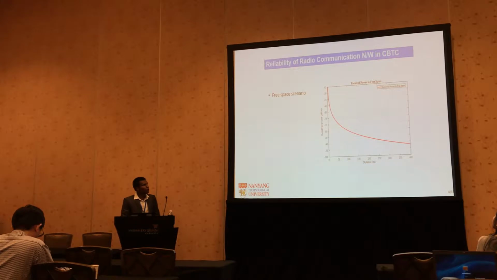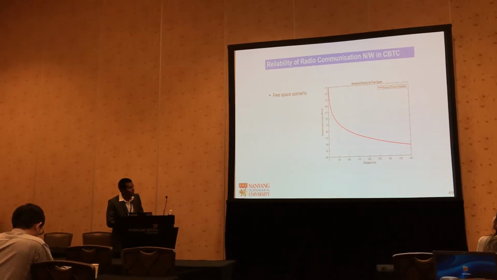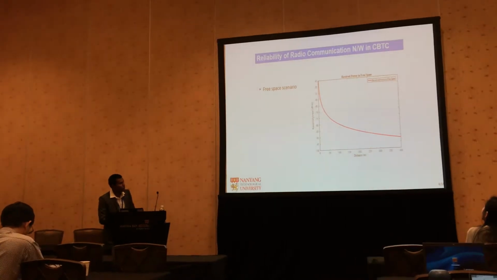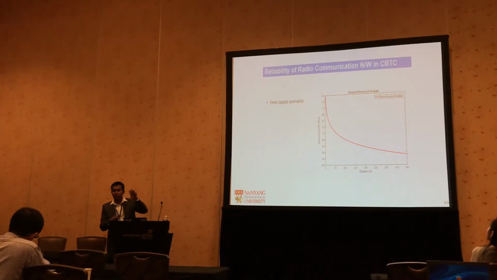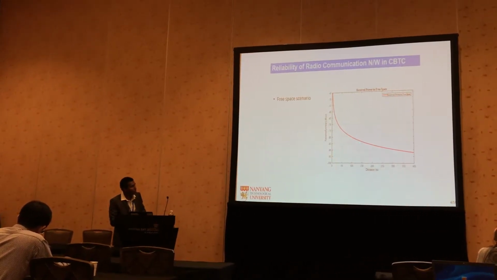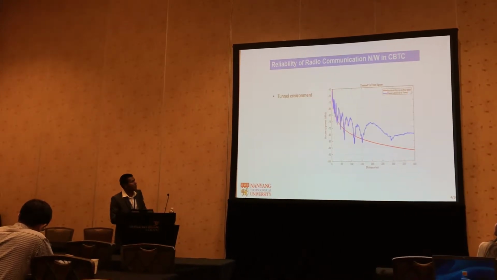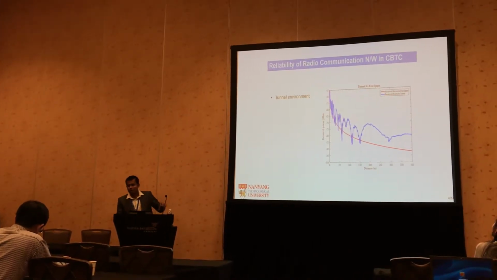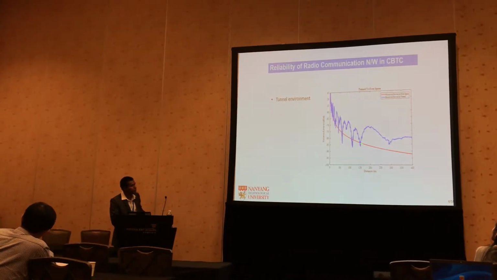So in this plot you can see, if your train starts at 0 kilometer and it is moving away from this point, let's assume there is a transmitting antenna here which is transmitting 0 dBm power. When you are moving away from the transmitter, the train received signal will be going like this. When the same train is moving inside a tunnel, the received signal is fluctuating highly.